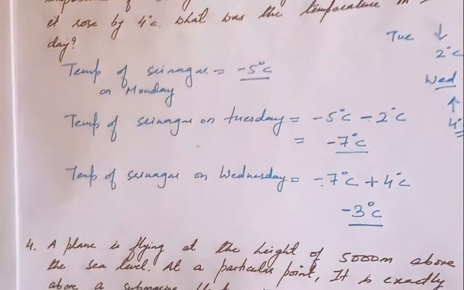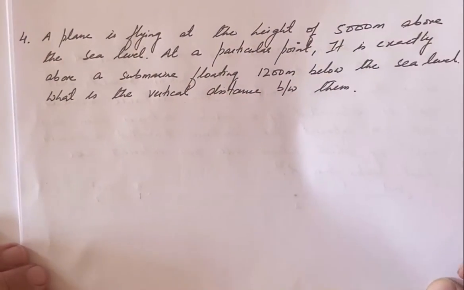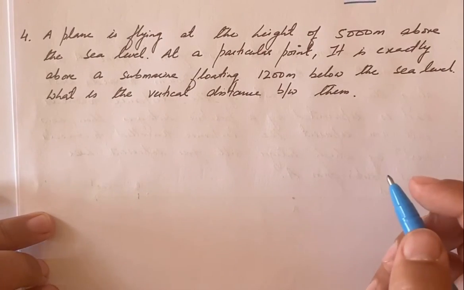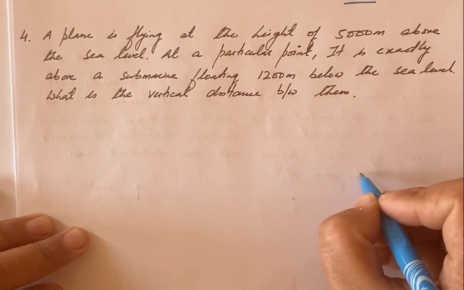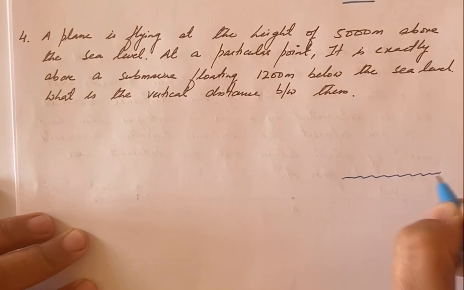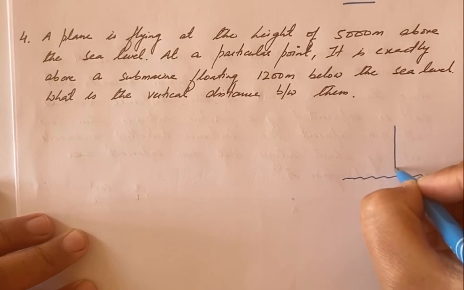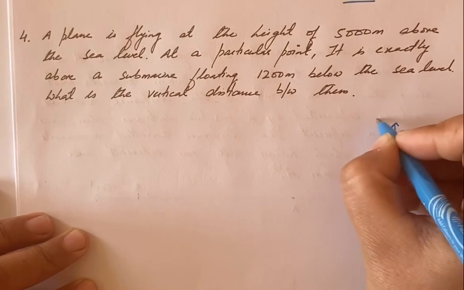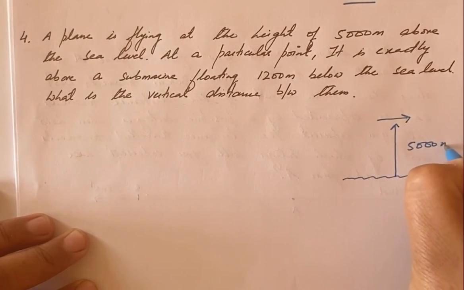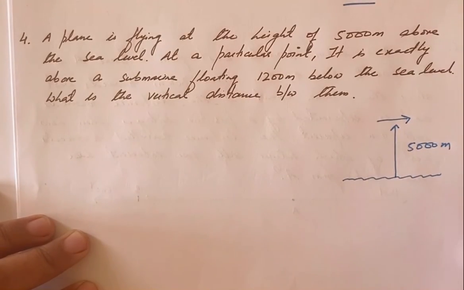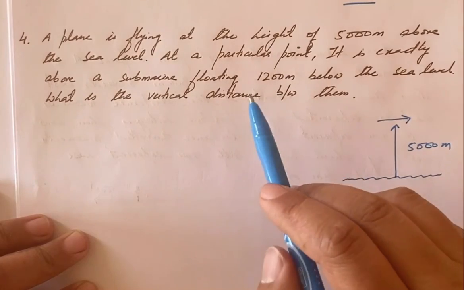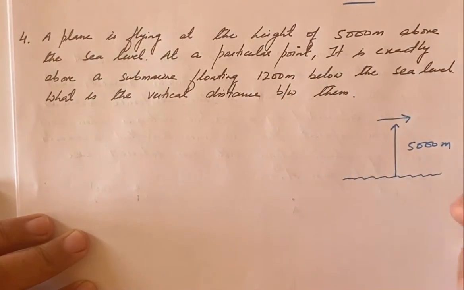Let's move on to question number 4. It says a plane is flying at a height of 5,000 meters above sea level. For example, this is the sea. There is a plane which is moving 5,000 meters above sea level, and at a particular point it is exactly above a submarine.